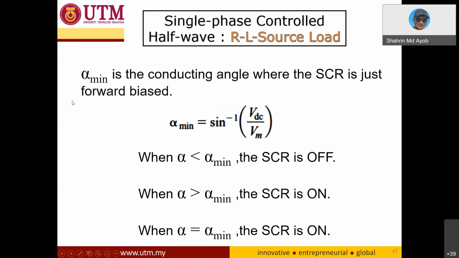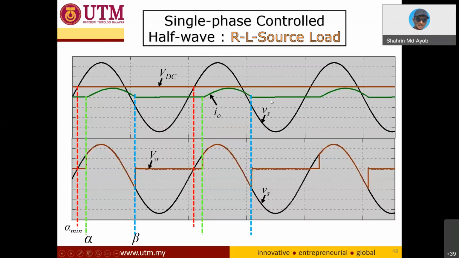So I think it is the same. The only difference is that you have the minimum alpha conducting angle. This one you can refer to when you are conducting the experiments.